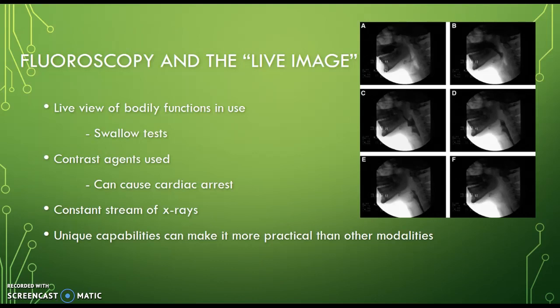An example of this would be the swallow test, which there is a picture of on the right-hand side of the screen. Going up here from A to F, you can see the contrast agent, which basically is anything that will show up well on a fluoroscopy procedure.